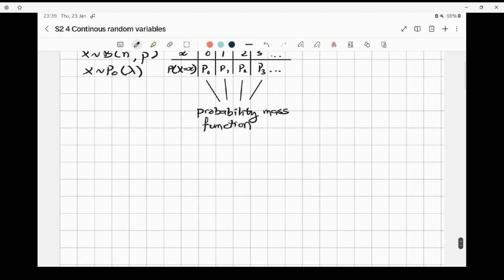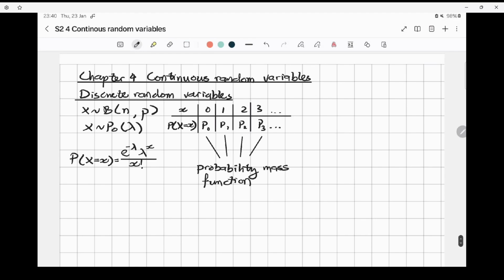For example, for the Poisson distribution, we have this kind of formula, lambda to the x over x factorial. So this formula by itself is what we call the probability mass function. And we want to generalize it for continuous random variables.